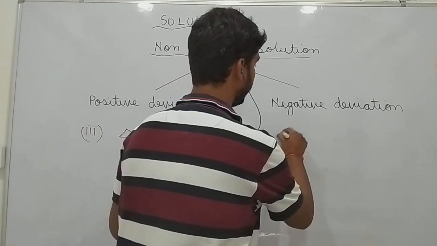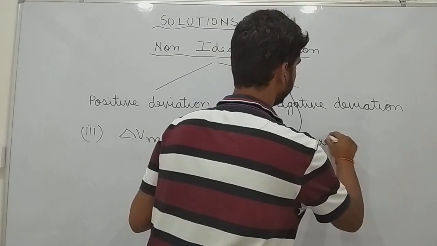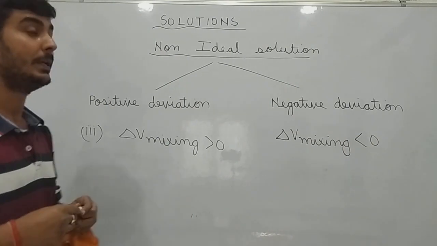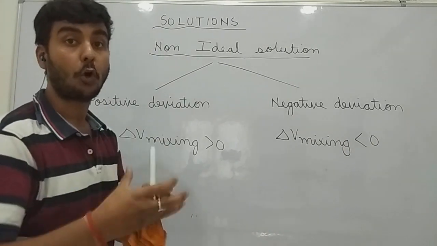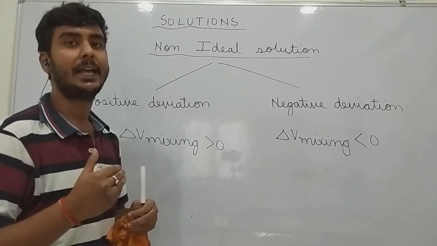Similarly, in case of negative deviation, delta V mixing will be less than 0. Means volume change on mixing the two components will be less than 0.